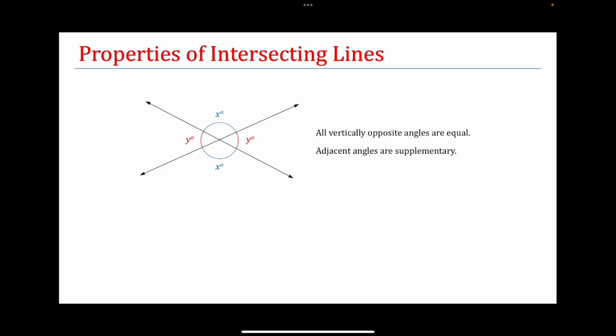That means X plus Y is equal to 180 degrees. Angles with a common arm are called adjacent angles. X and Y are adjacent angles because they have a common arm between them.